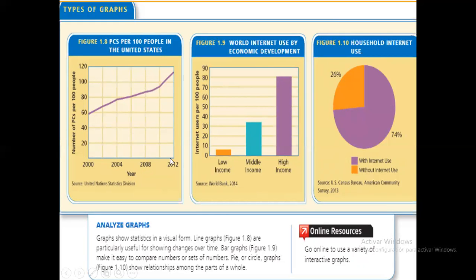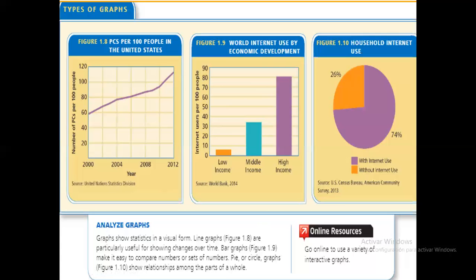And then by the year 2020, it says that out of 100, it means that the family has more than one computer, and it goes up to 115, something like that, out of 100. It means that one family has more than one computer. Okay, that's what it means. This chart, this graphic.